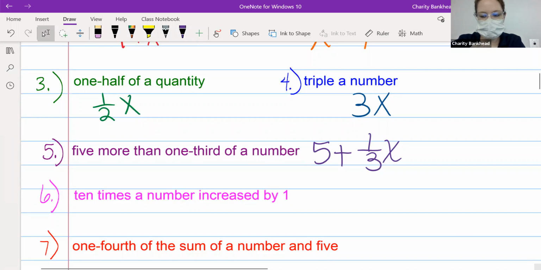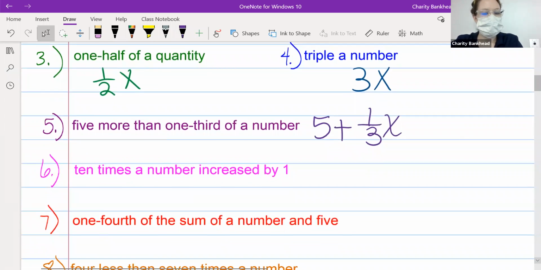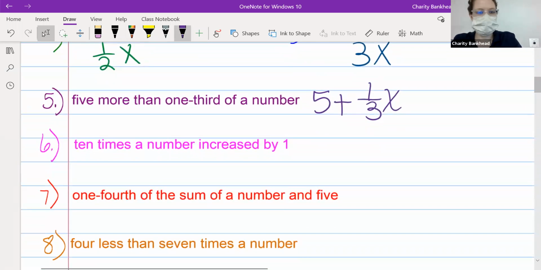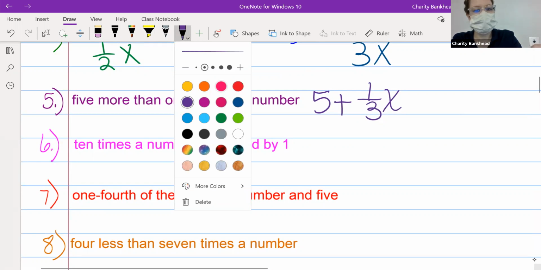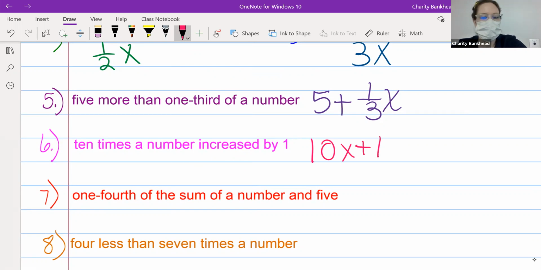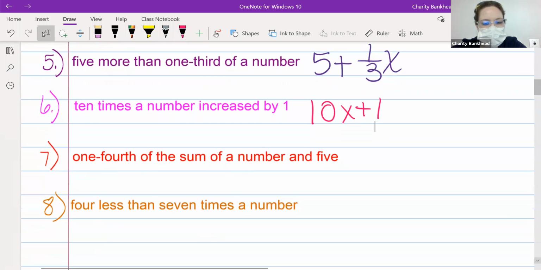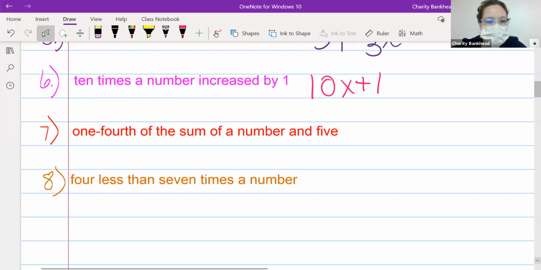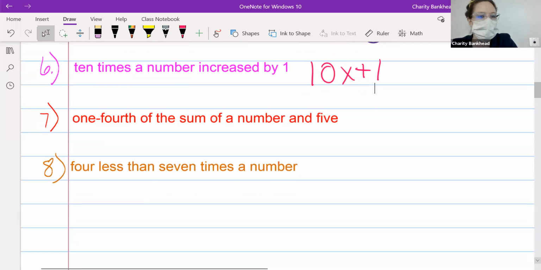Number 6, 10 times a number increased by 1. So that would be 10X plus 1. Number 7 says 1/4 of the sum of a number and 5.